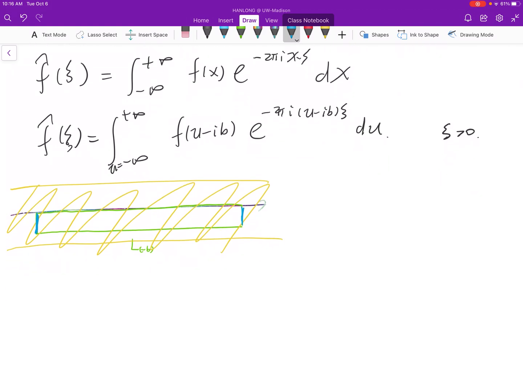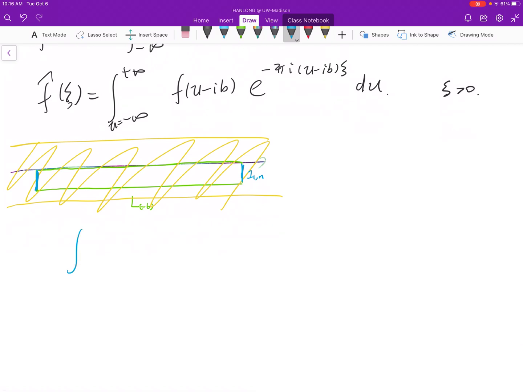So let's estimate I1n. So integration along I1n of f(z) times exponential negative 2 pi i z c dz.